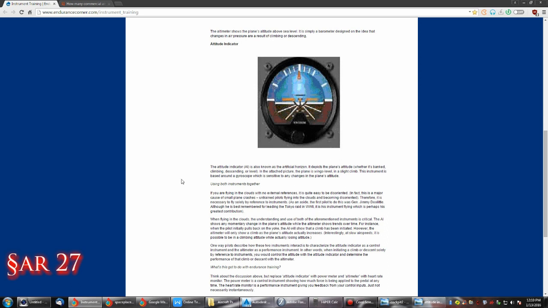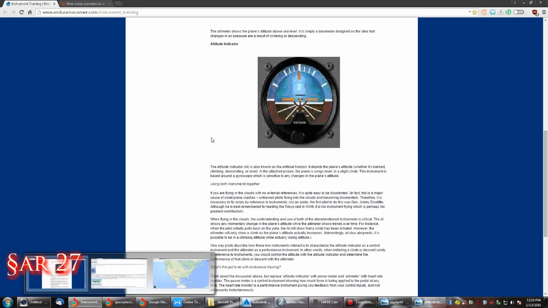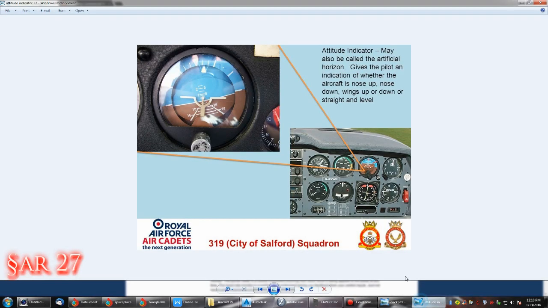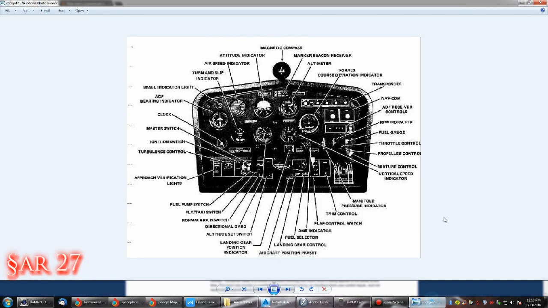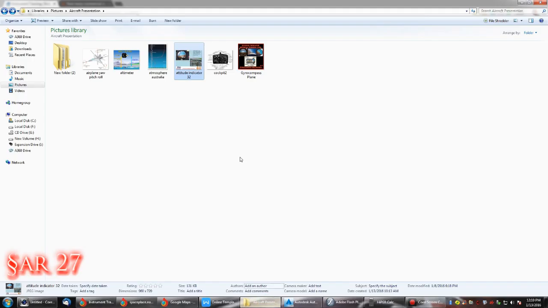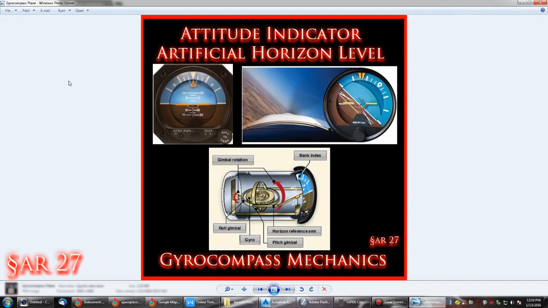And I made a diagram to make it a little bit more clearer, because there's a lot of diagrams and everything that I'm showing. It's kind of hard to keep up on all at the same time, so I just made one simple one that would have all these in there. Now the attitude indicator is the artificial horizon level. It has a gyro compass inside of this little gauge.